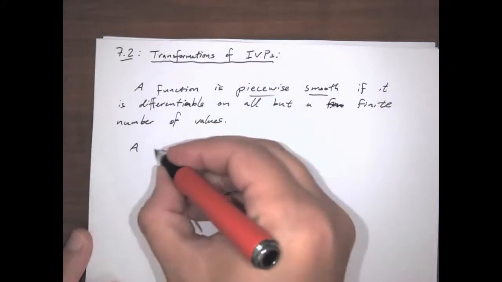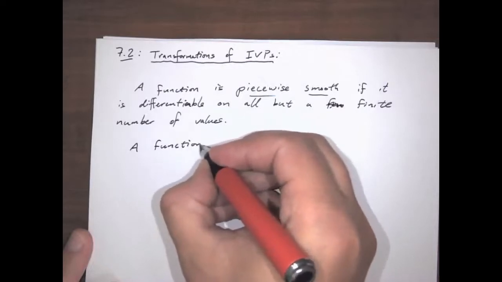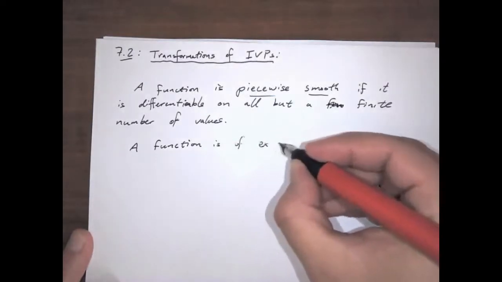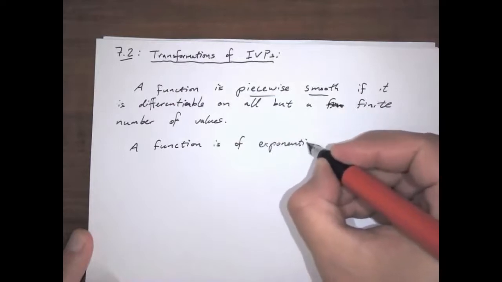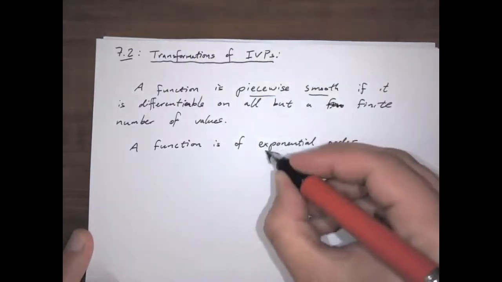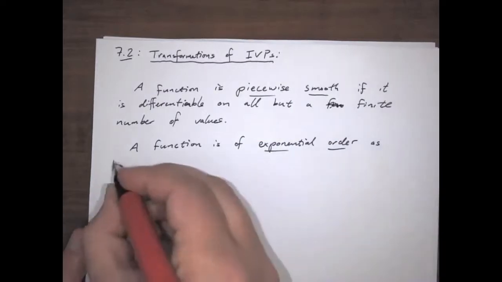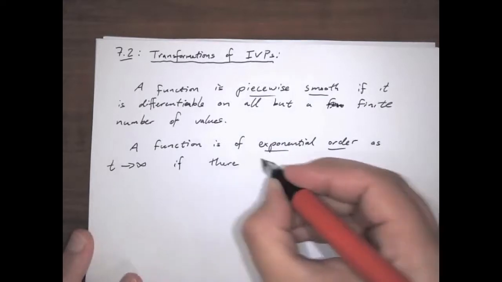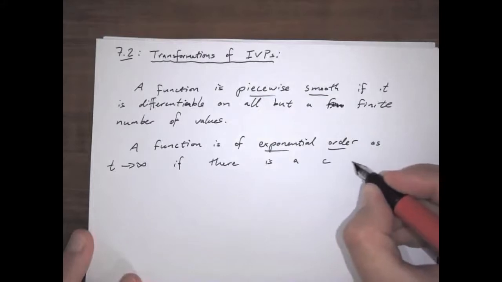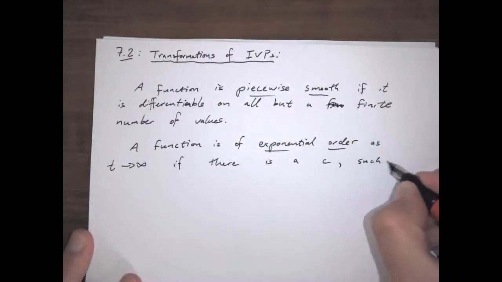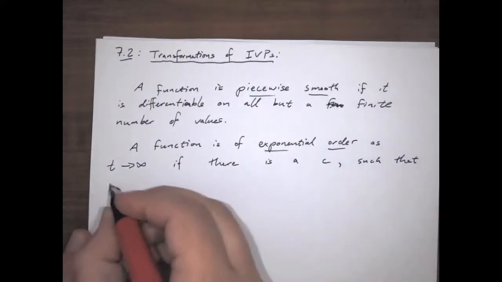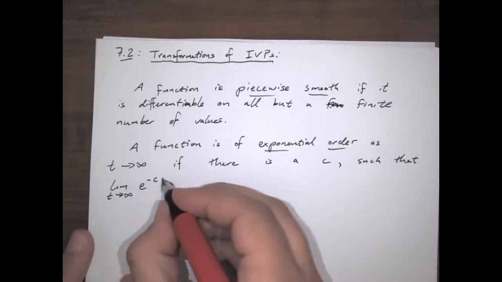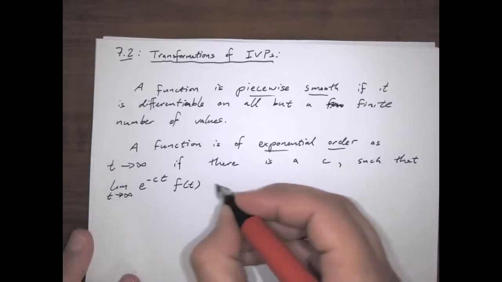And then a function is of exponential order as t goes to infinity if there is a c such that the limit as t goes to infinity of e to the negative ct f of t equals 0.